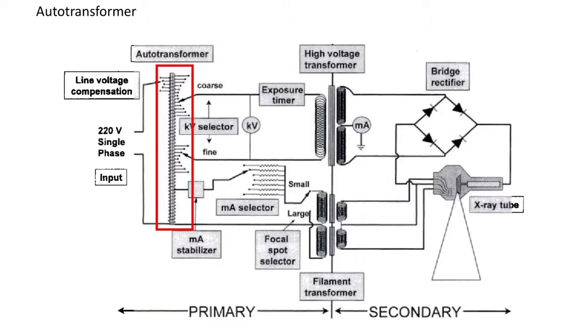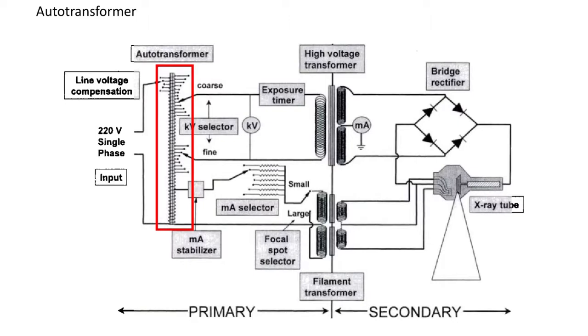So then how do we compensate for that excess voltage or that shortage in voltage? This is the role of an autotransformer. A transformer will increase the voltage as necessary if it's too low, or decrease it as necessary if it's too large.